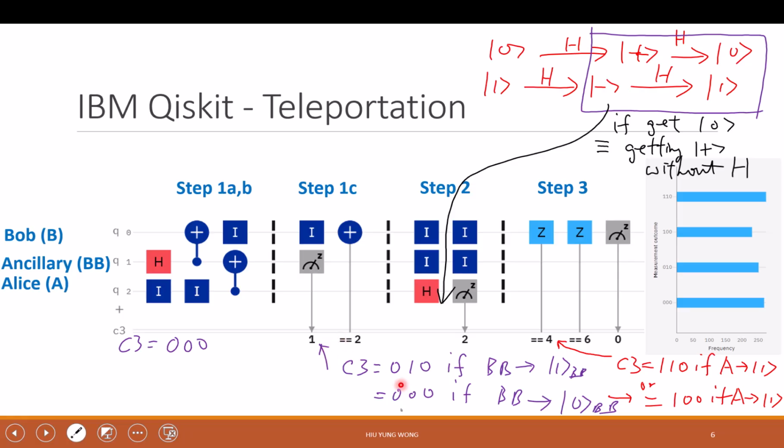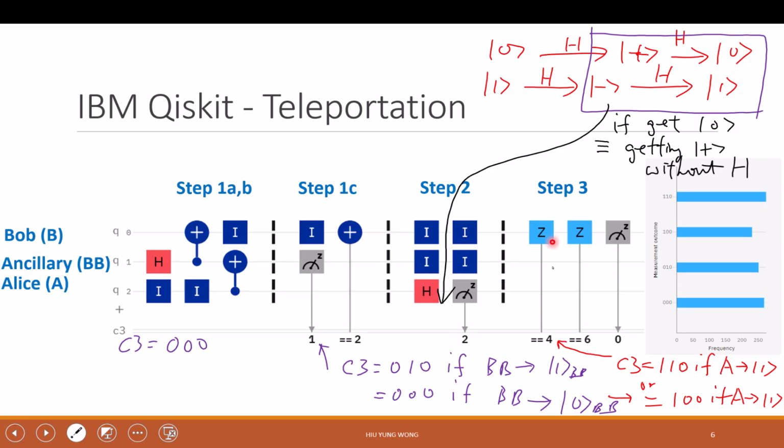So at this stage, I can have 0, 1, 0 or 0, 0, 0. At this stage, I can get 1, 1, 0 or 1, 0, 0 if this collapses to 1. That means if I get 1, there are 2 possibilities, either 4 or 6. But they won't happen at the same time. That's why we have 2 of them, to take these 2 into account.